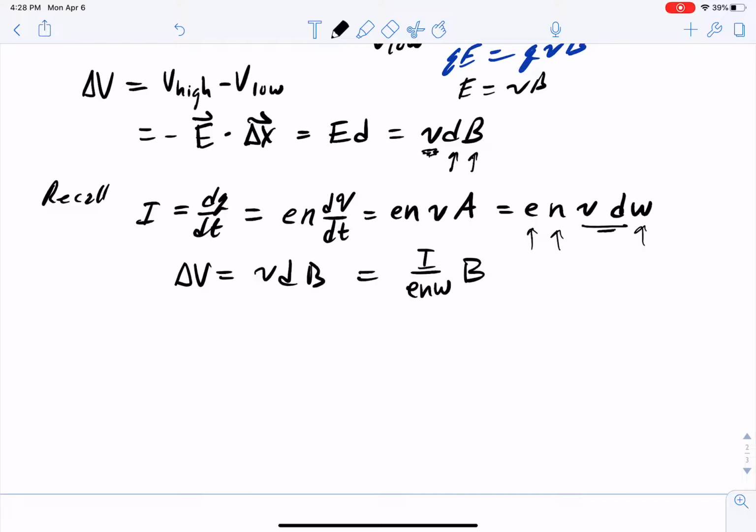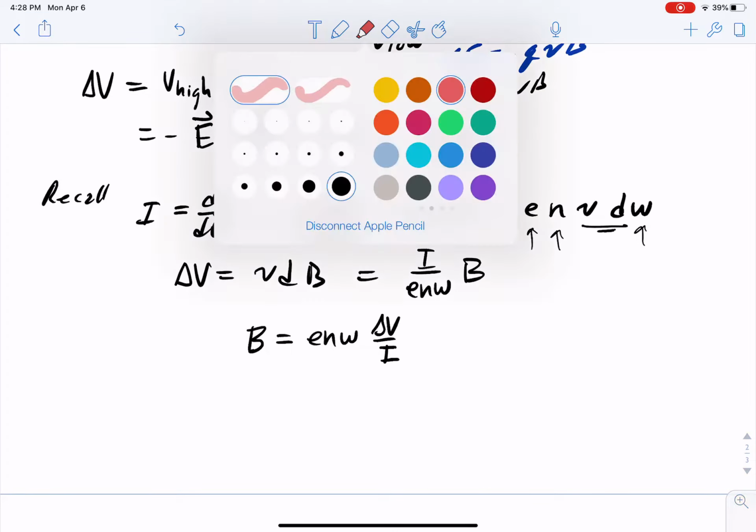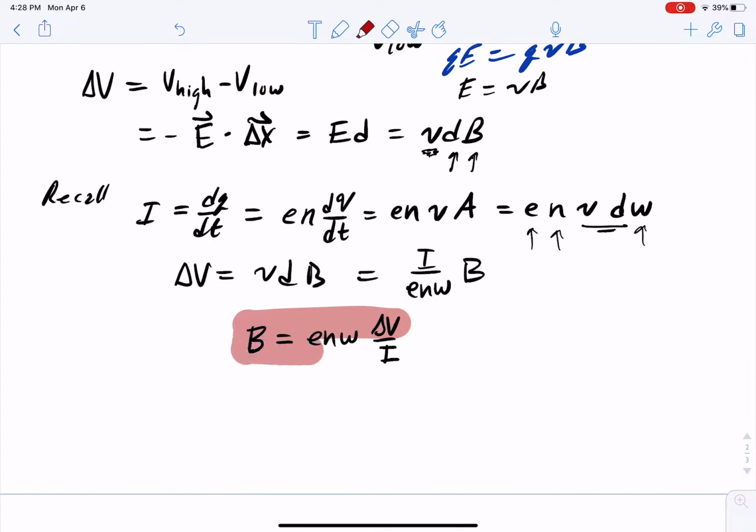Or we could turn this the other way. And we find that we can determine the magnetic field strength by knowing the charge carrier density, the width of the piece of metal, the charge per particle, and then the voltage and the current.